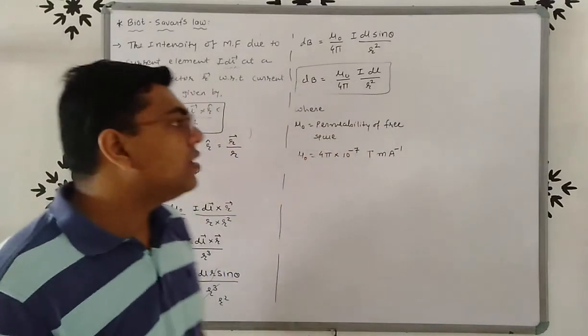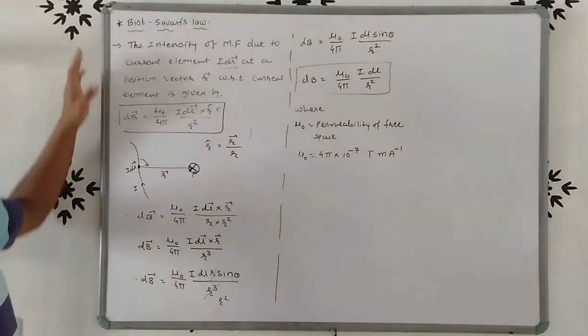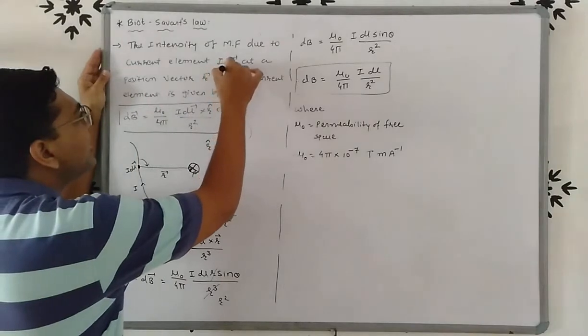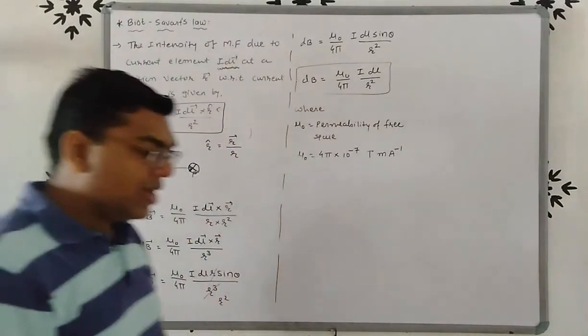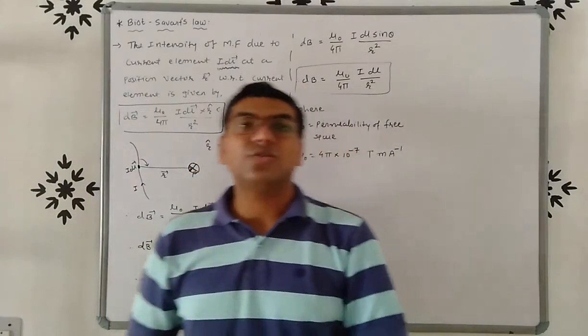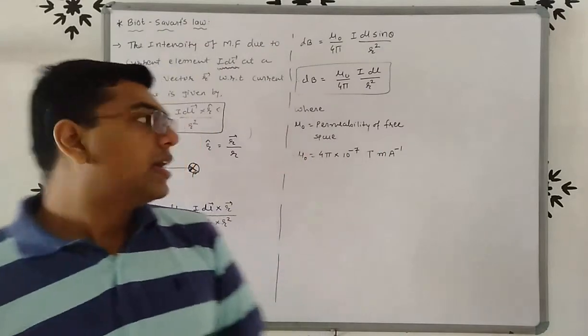Then we know that electric field is due to charge q, and here magnetic field is due to current element Idl, right?